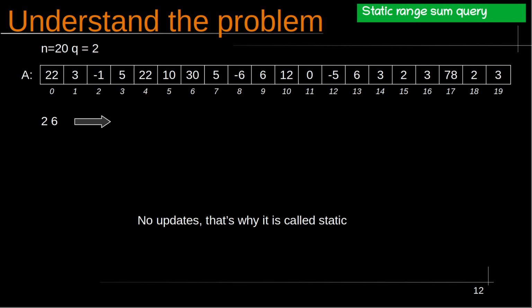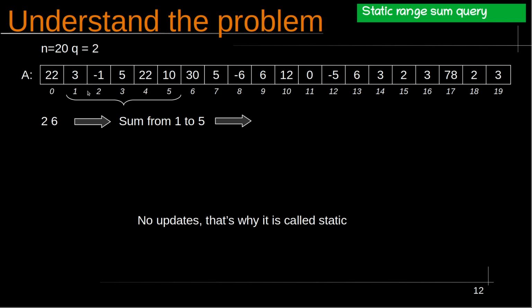From 2 to 6, from position 2 to 6, which means we're going to compute the sum from index 1 to 5, because in the problem here we have the array 1 based index, so we have to reduce 1 from the left bound and right bound.